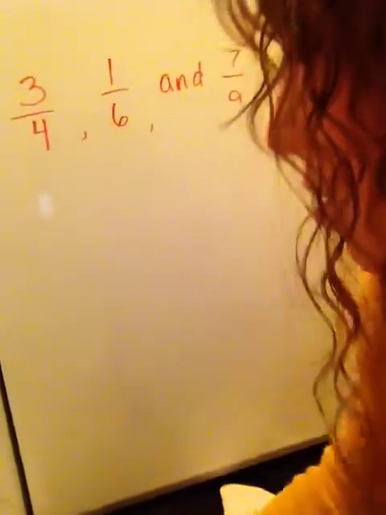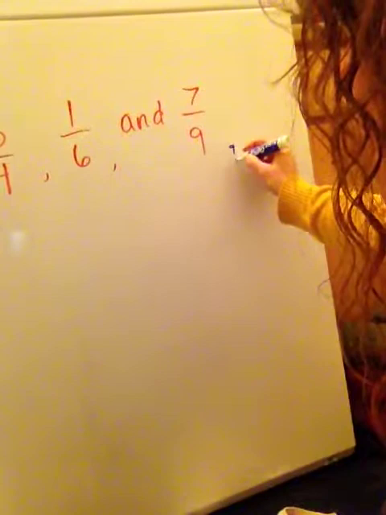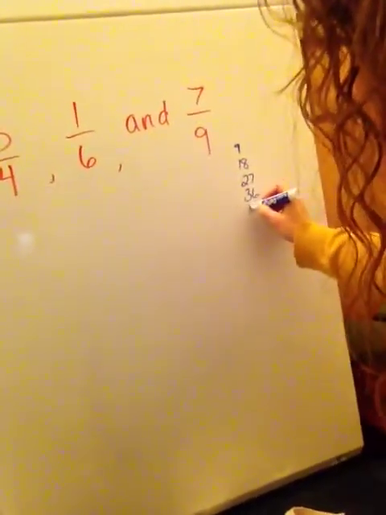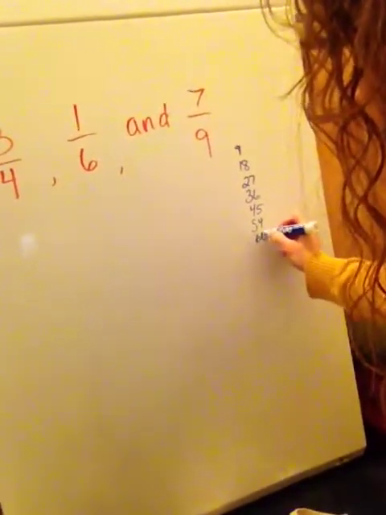It might be easier just to list these. So 9, 18, 27, 36, 45, 54, 60.